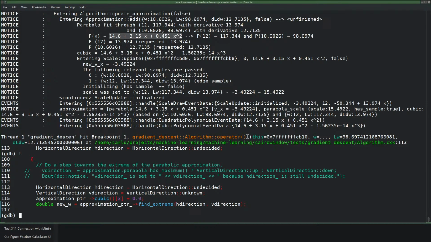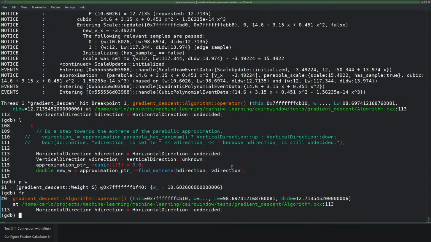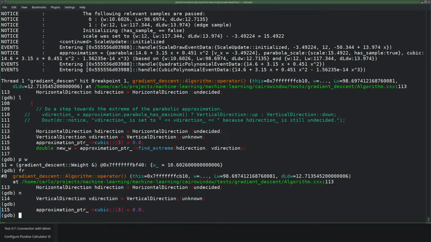I just re-enter the entry point of the algorithm with a W value of 10.6. Okay, so the local H direction is set to undecided and this to unknown. And I forced the cubic to be exactly 0, although I could remove this line now, I think.